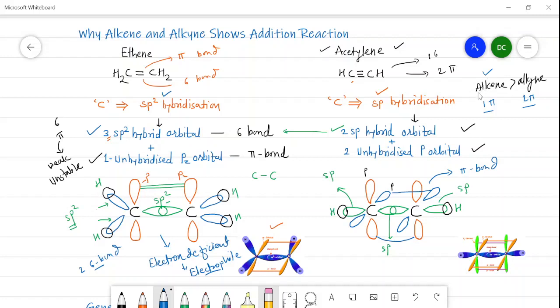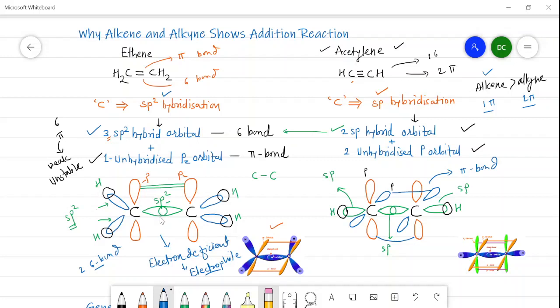It is due to the fact that in case of alkyne, the pi electrons are strongly held by the carbon nuclei. That's why they are not easily available for the bonding purpose. Whereas in case of alkene, the pi electrons are loosely held by the carbon nuclei.